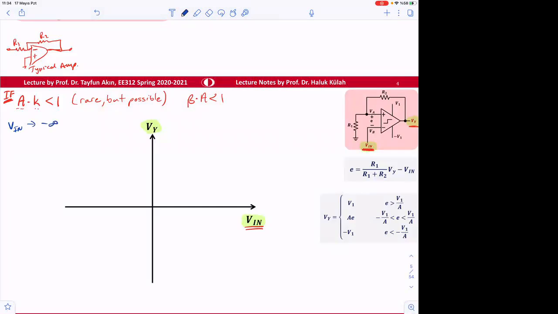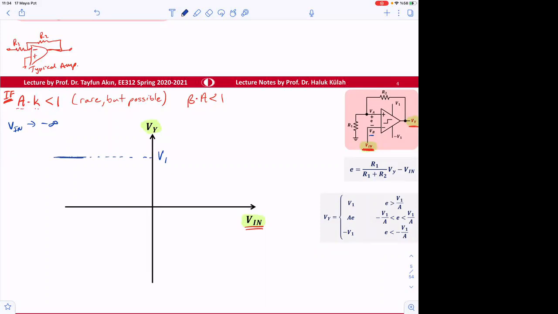What happens? If Vn is minus infinity, it doesn't matter what the value of VA is, because here it is minus infinity, so E will be positive. E is going to be positive.